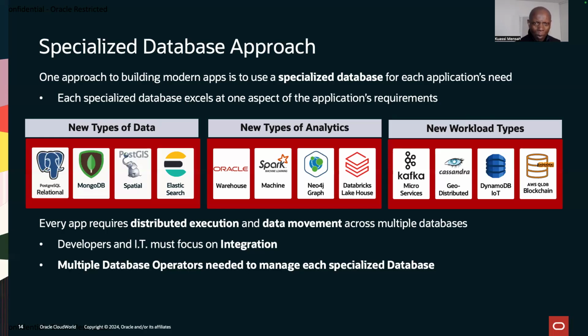Okay, so the problem with that is each model, each engine comes with its own management, security, SQL dialect. So if you want to build a rich catalog, for example, which uses multiple data models, you end up juggling and moving data around, and it's difficult.